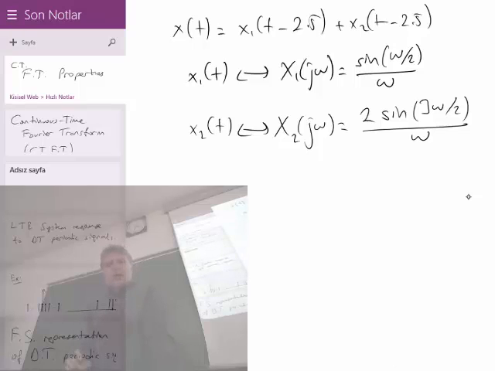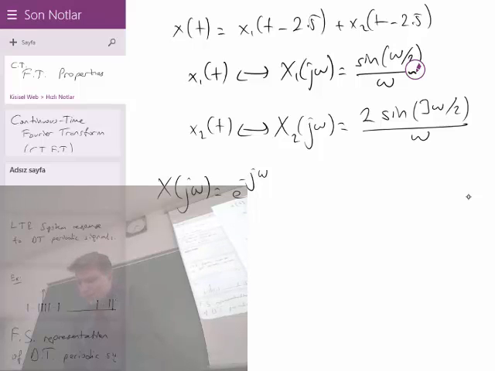Now we have to use one extra thing, because it's not enough to put x1 of t plus x2 of t. The combination must be shifted towards right by an amount of 2.5. t0 is equal to 2.5, and that would make x of j omega equal to e to the minus j omega t0. You remember the shift was e to the minus j omega t0.